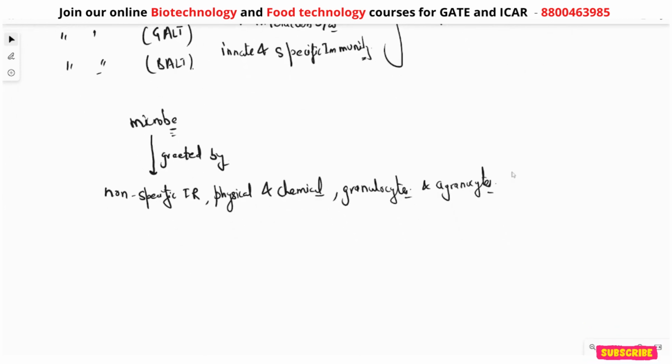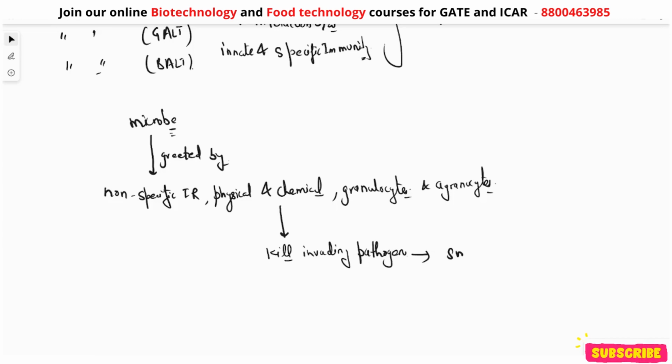These responses kill the invading pathogen, digest it, and change it into small antigens. So larger microbes finally get converted into smaller antigens.